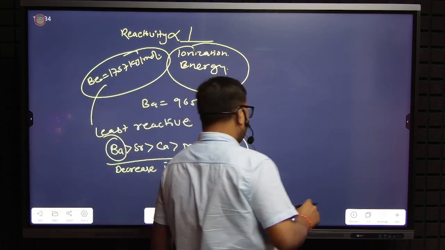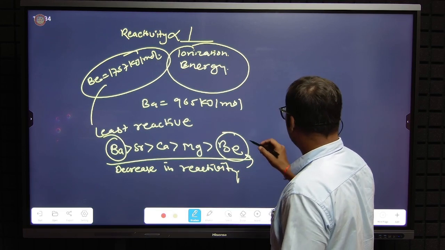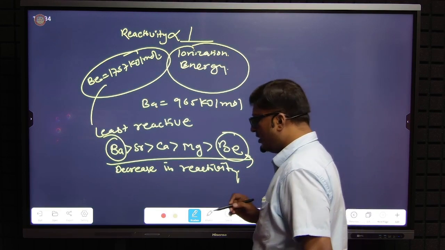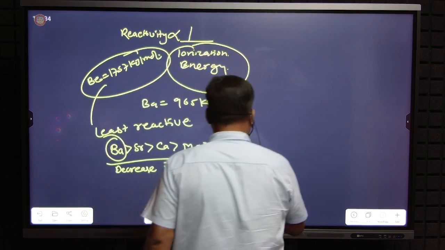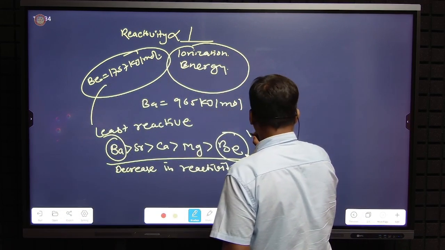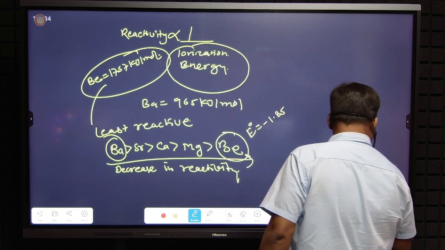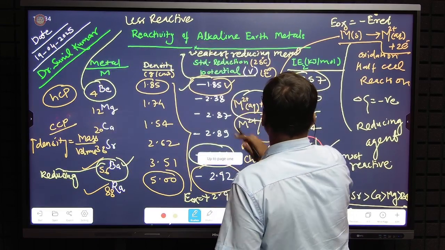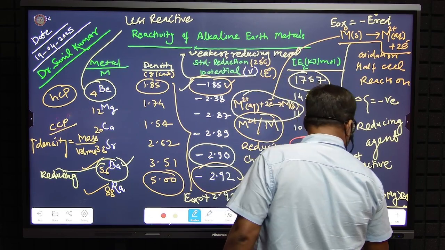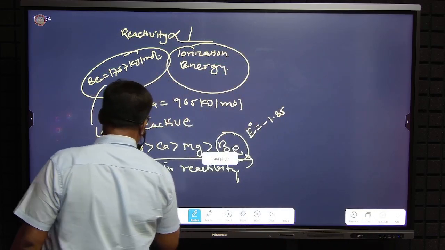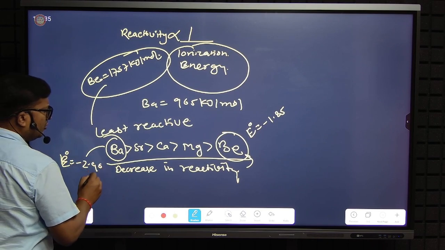This is also confirmed from the standard reduction potential. This metal does not undergo oxidation easily, because it has E0 equal to minus 1.85. In case of barium, it is minus 2.90 volt.